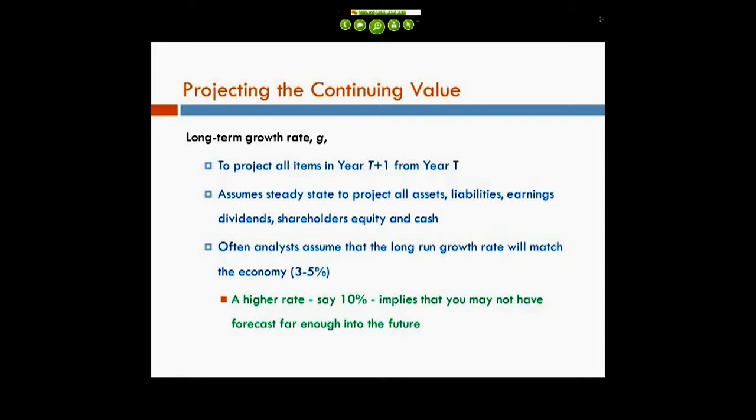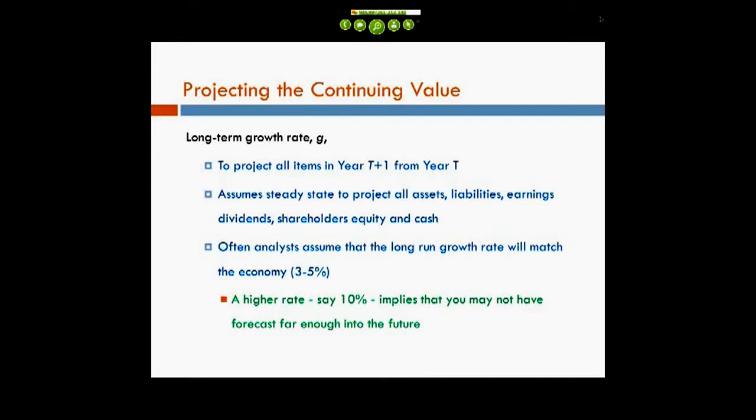And you use that long-term growth rate rather than having to forecast all the individual line items. Just really assuming long-term growth of X%. It assumes that all your assets and liabilities are all going to grow in tandem after that point.